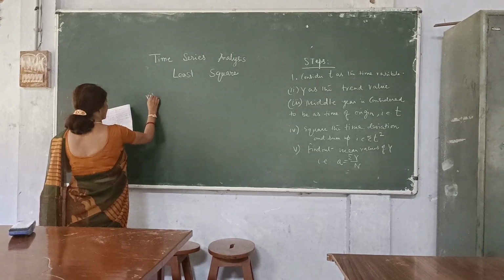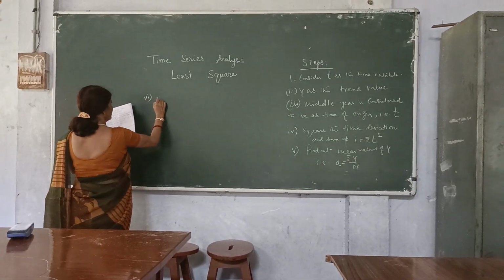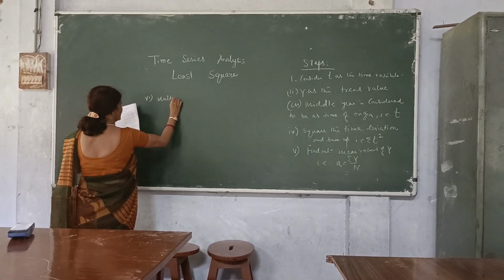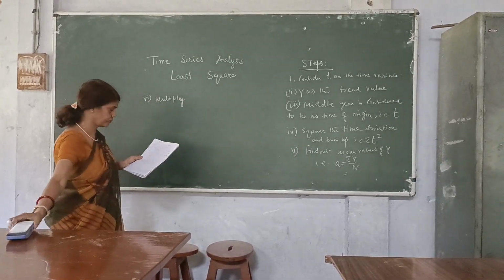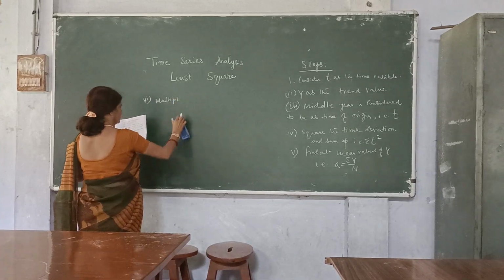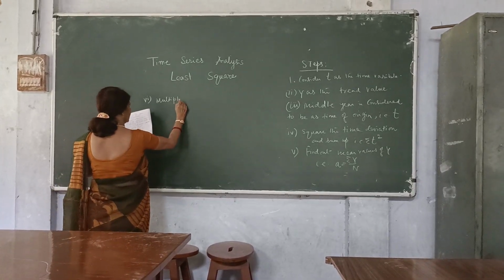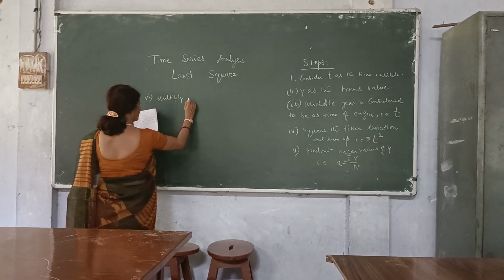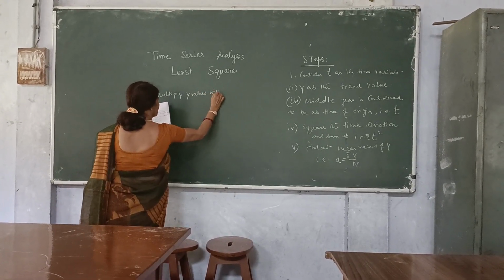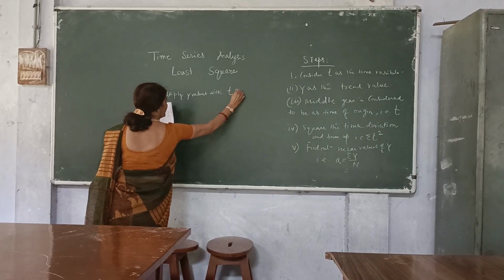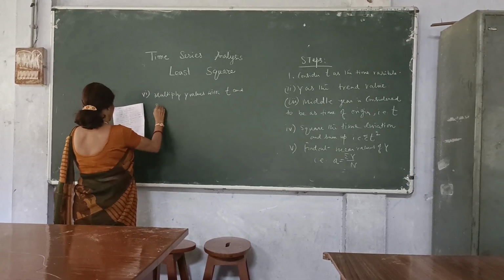Number 6, multiply y values with t and sum up.